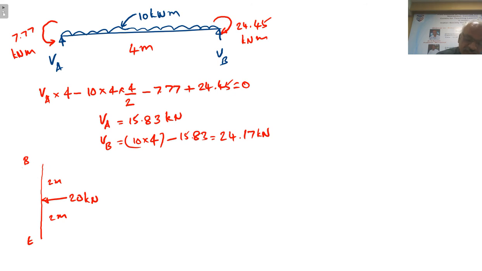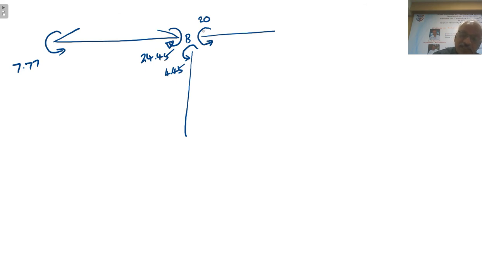Now let us call this reaction HB, horizontal reaction. So HE, right? Now at this point here there is an anti-clockwise moment of 4.45, and here there is a clockwise moment of 12.775, right?